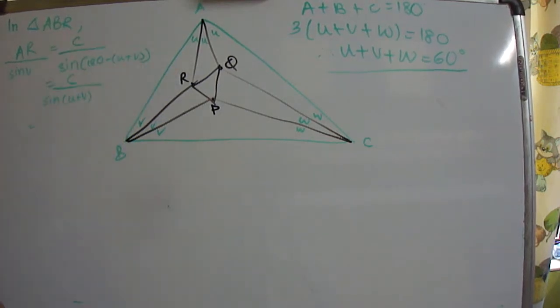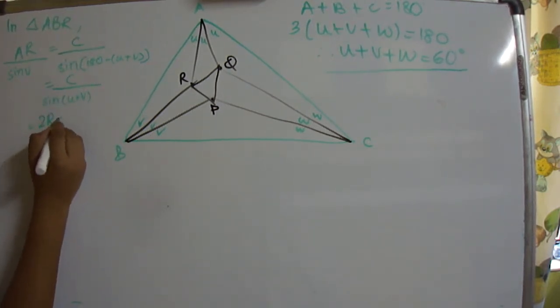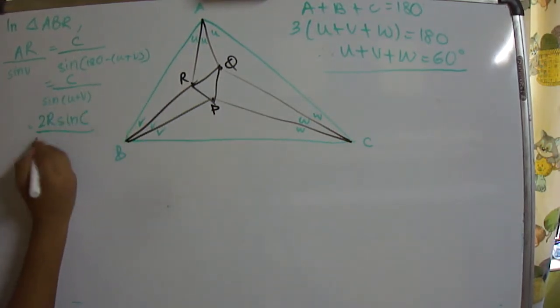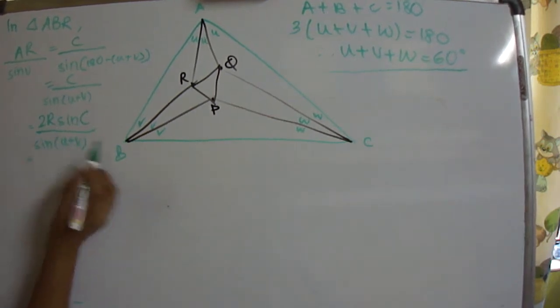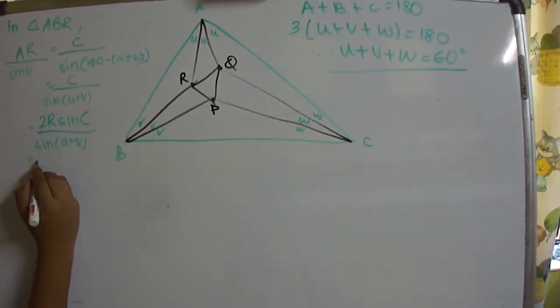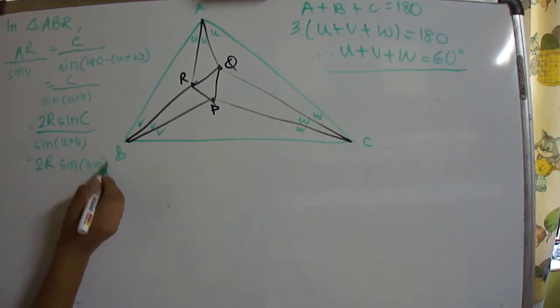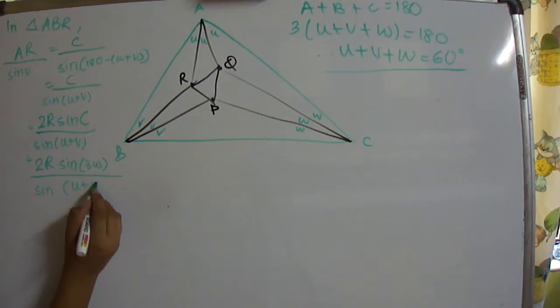And we can write C as 2R sine C by sine rule in triangle ABC. As we know, C is 3 times W. We can write sine 3W by sine U plus V.